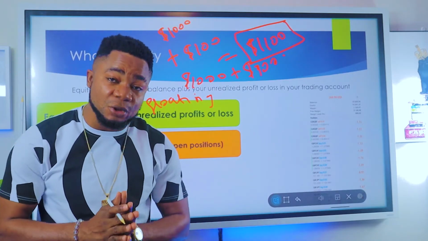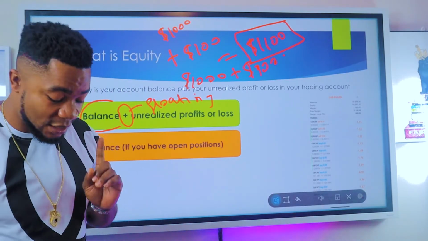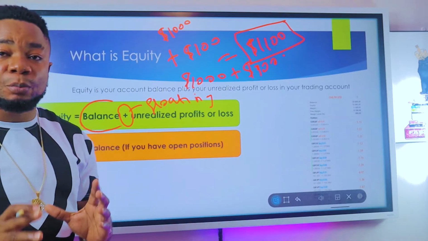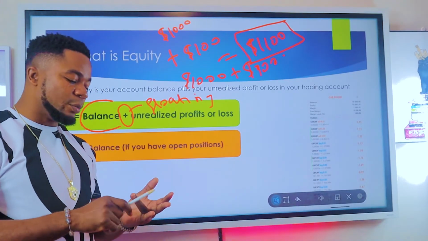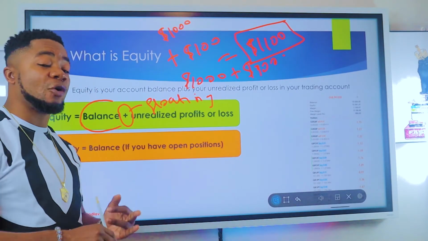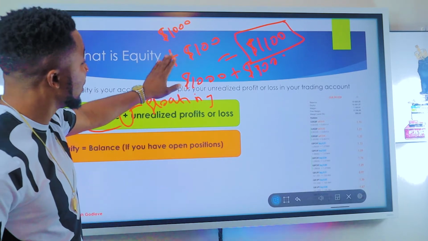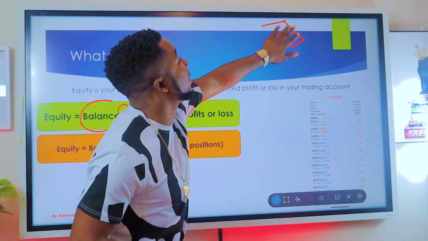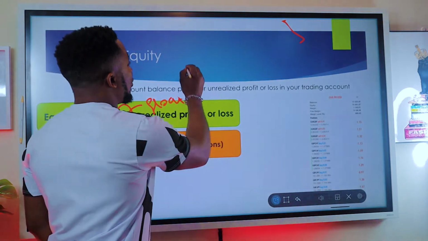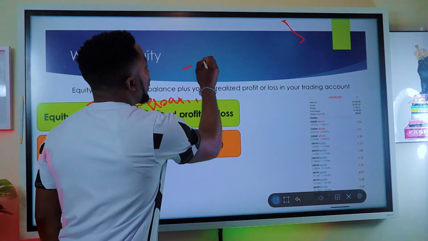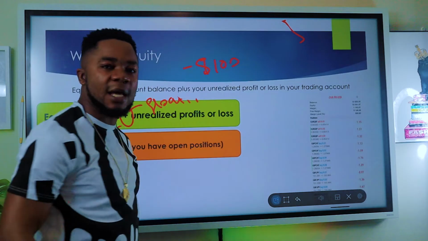If you have an open position, this is very simple: your equity will be your balance plus any unrealized profit. And even in this case, let's assume you were instead losing, and you placed your trade and you were down minus $100. What will our equity be?